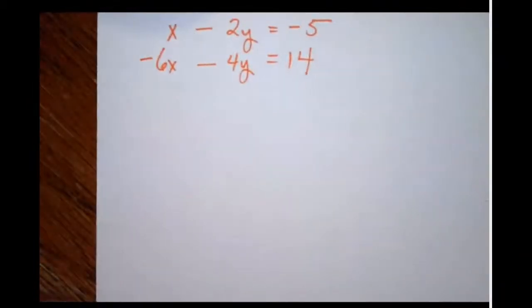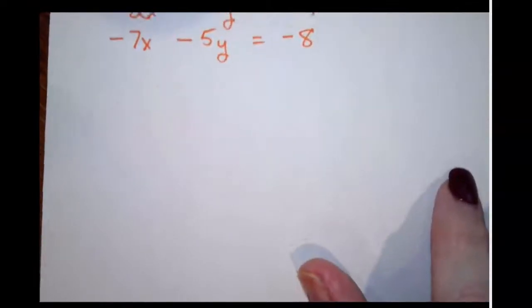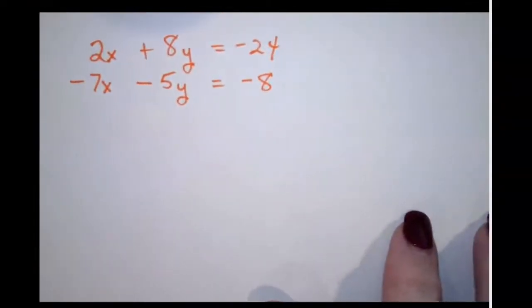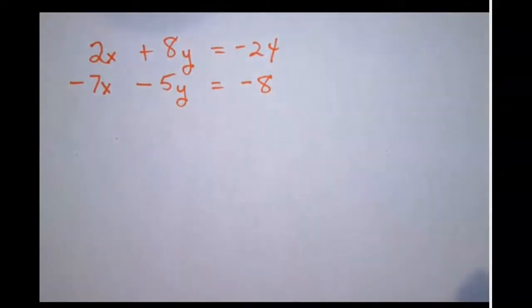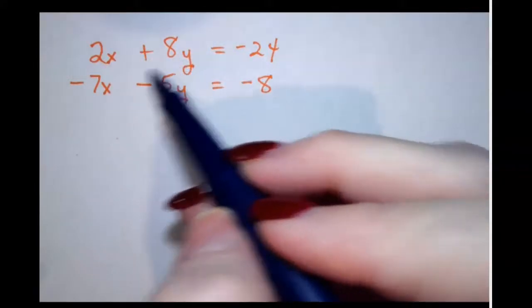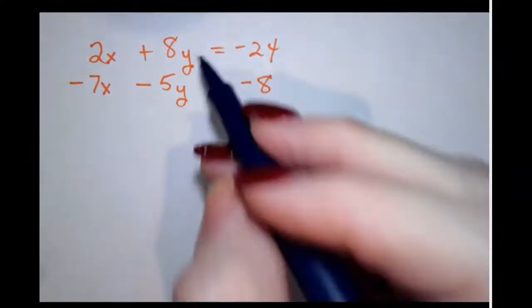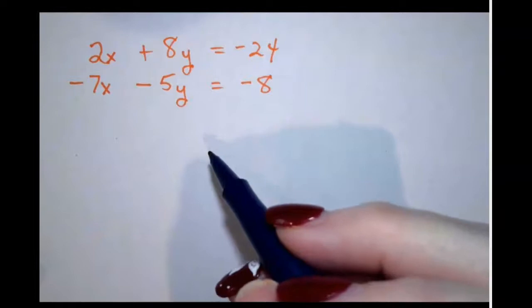Now let's look at one more that is a little harder because nothing is the same. I can't multiply just this one by 2 or this one by 3. It still won't work. I'm going to have to multiply both equations.